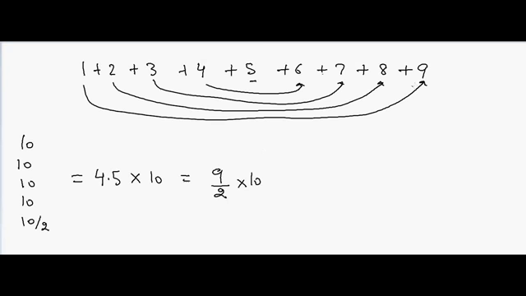So what's the 9 here? The 9 here is the last digit, so we can write it generally. Suppose I have to add 1 plus 2 until x, we can write this as x into (x plus 1) divided by 2. We can use this formula for any kind of sequence.